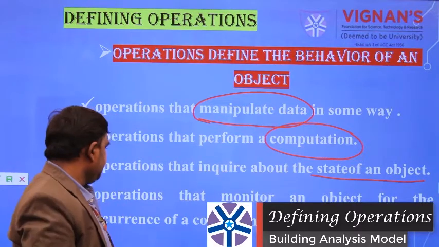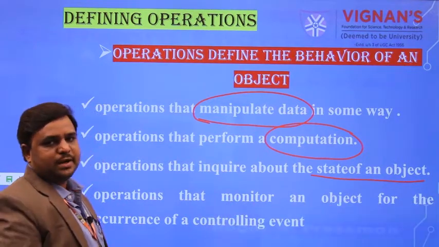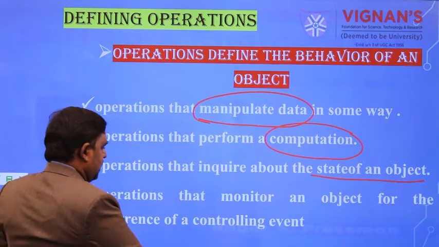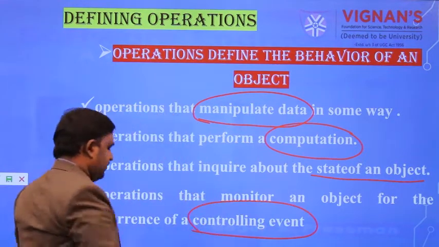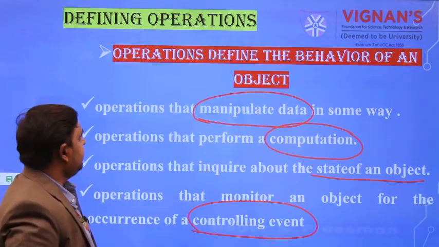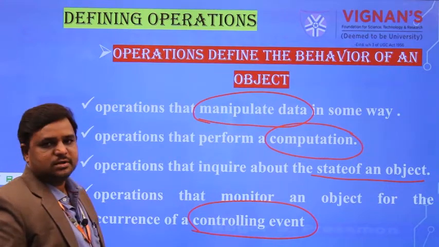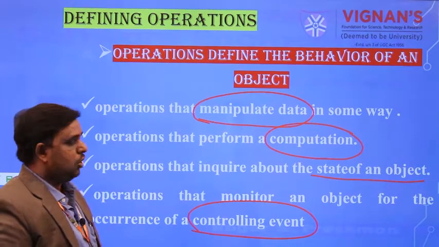And finally, operations that monitor an object for the occurrence of controlling an event. So these are the operations which we are going to perform on the objects.